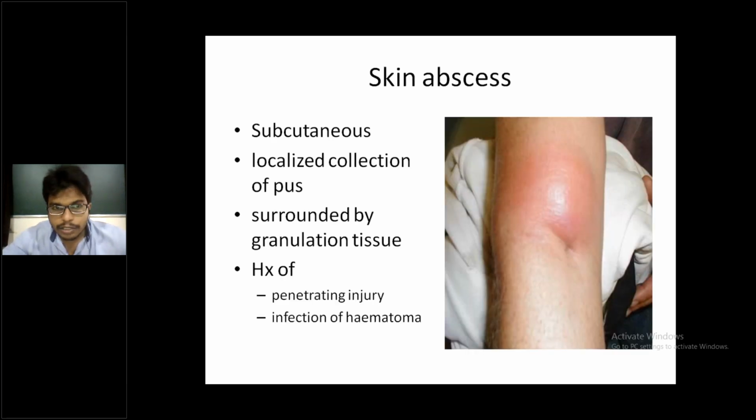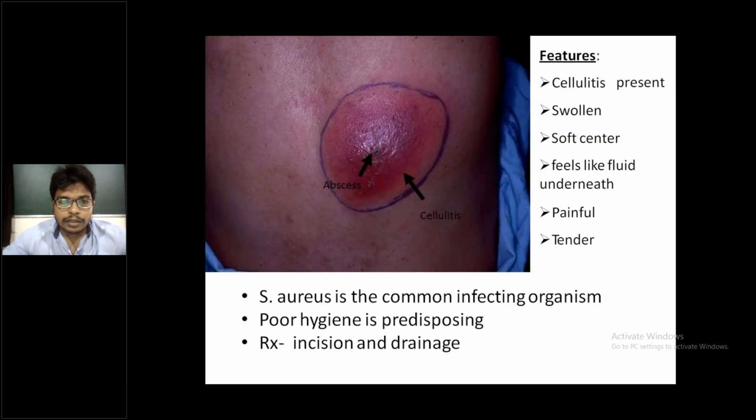And next up is skin abscess. It is a subcutaneous localized collection of pus. You will have a history of penetrating injury and infection symptoms may occur. You can see the central part of the abscess and the surrounding is cellulitis.